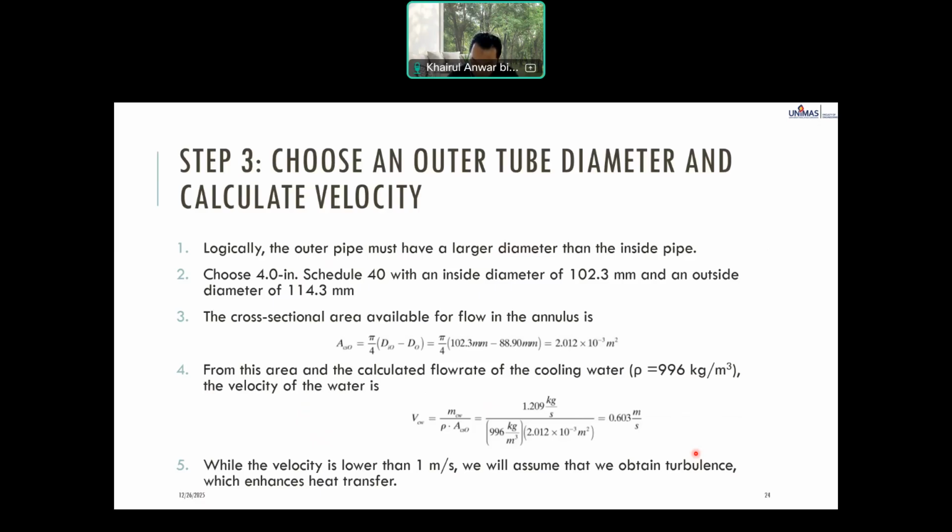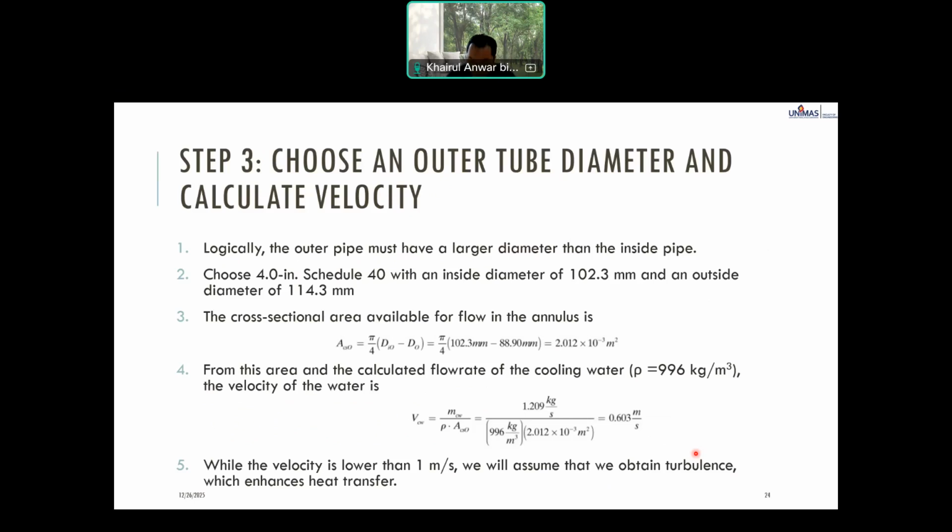Logically, the outer pipe must have a larger diameter than the inside pipe. Looking at appendix A5-1 and assuming schedule 40 pipe will suffice, the next largest pipe will be 3.5 inch, with inside diameter 90.12 mm and outside diameter of 101.6 mm.